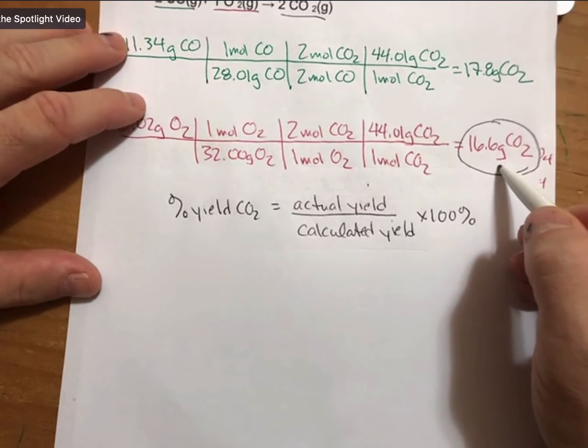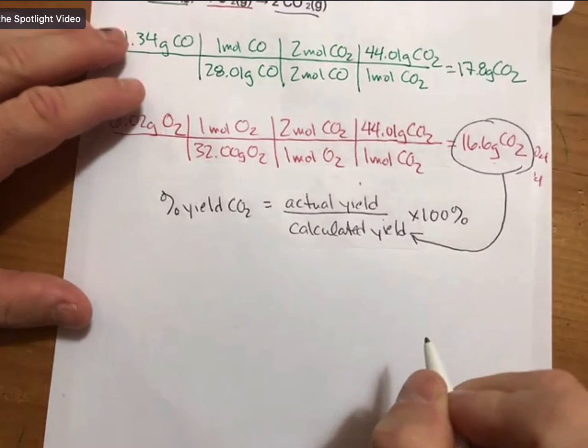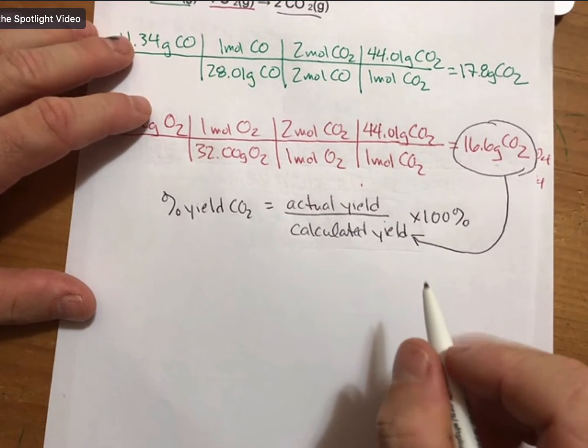Now you do have to use your amount for your limiting reactant as your calculated yield.